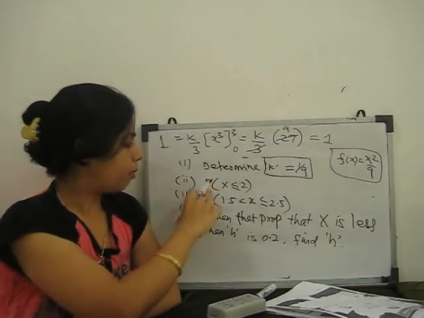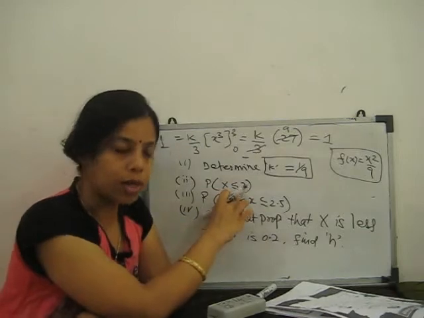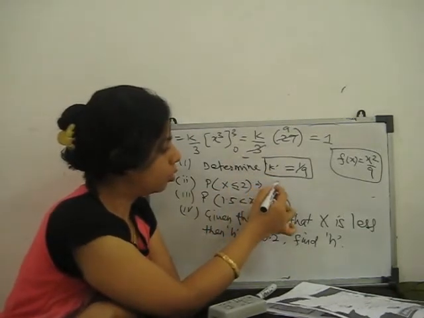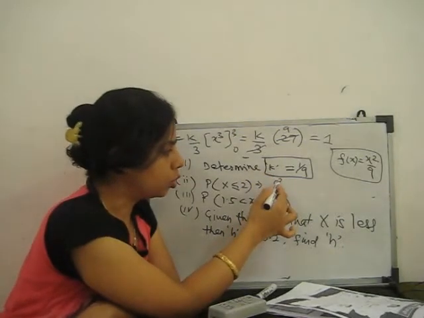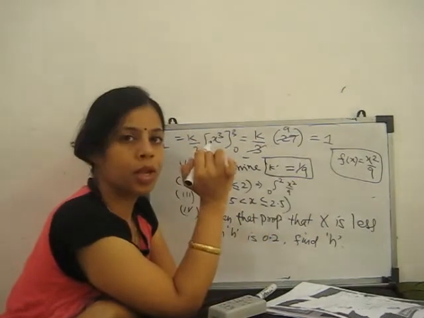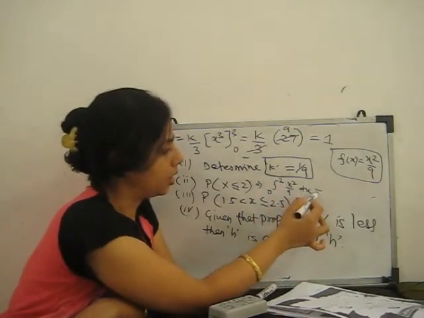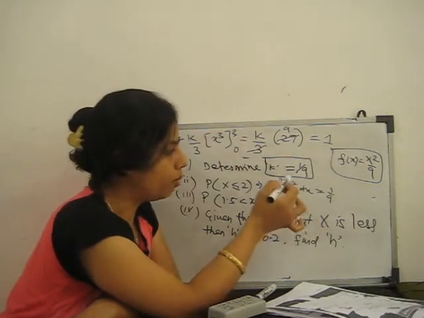Next, what is the probability that X is not greater than 2? Clear? Not greater than 2 means the lower limit starts at 0 but does not exceed 2. f(x) is x square by 9 dx. So 1 by 9 x square, the integration is x cube by 3.